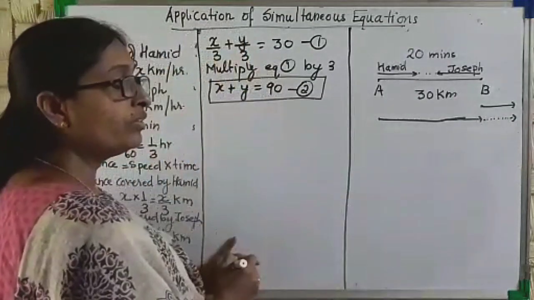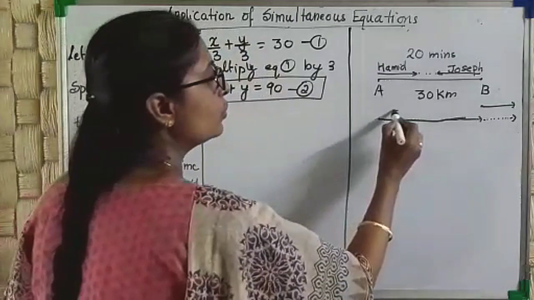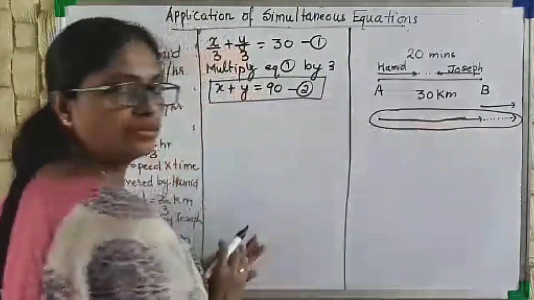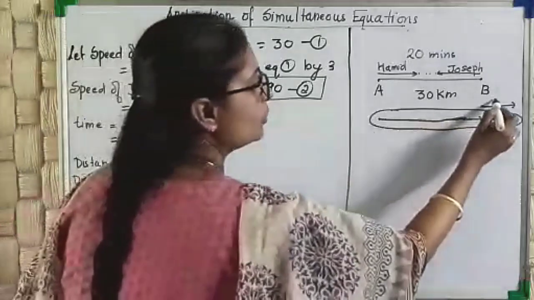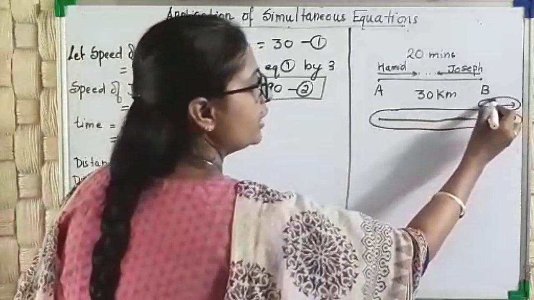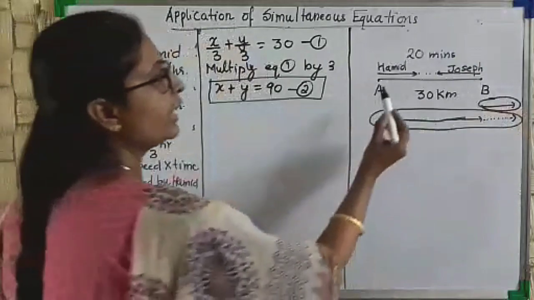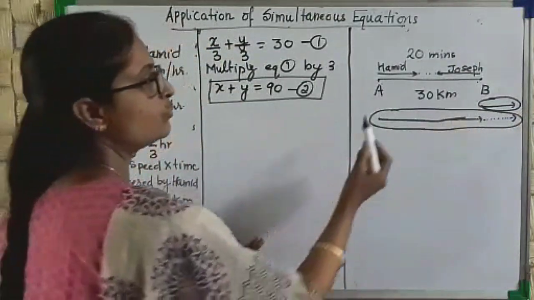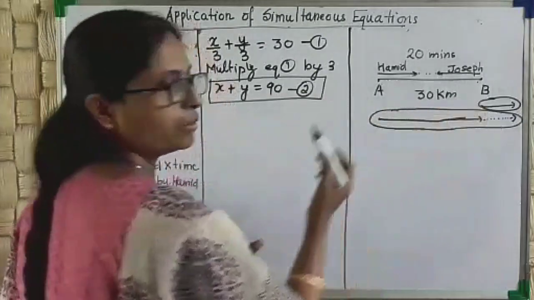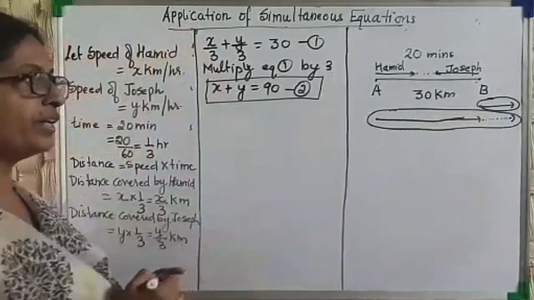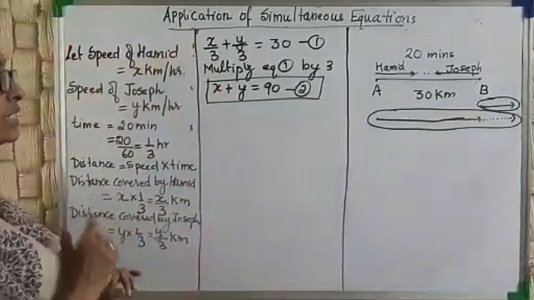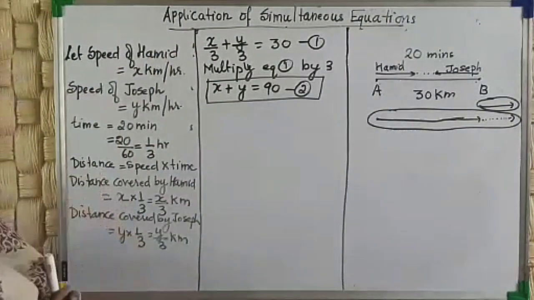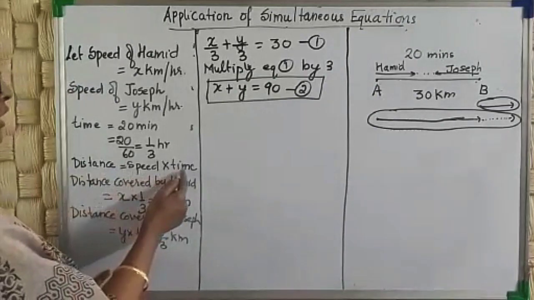So he will catch up with Joseph somewhere at this place. Okay. So here what you have to find out is the total distance covered by Hamid. If you subtract the total distance covered by Joseph from it, you will get the distance from place A to place B. Again, to find the distance covered by Joseph and Hamid, we use the same formula, speed into time.